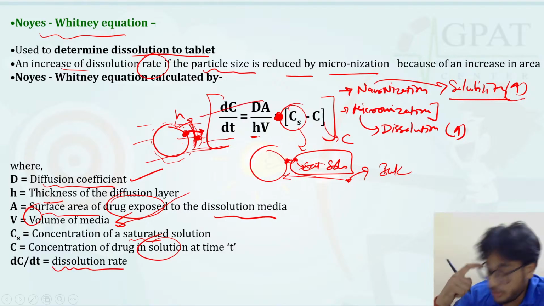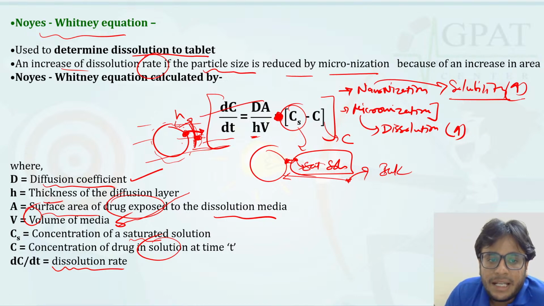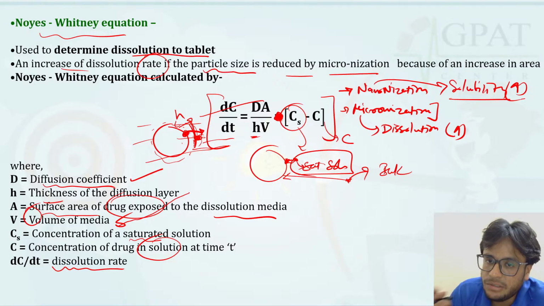So they are talking about the different factors that can affect the rate of dissolution. That can be the diffusion coefficient, denoted by D. That can be the thickness of the diffusion layer. That can be the volume of the media we are using. That can also be the surface of drug that is exposed to the dissolution media.